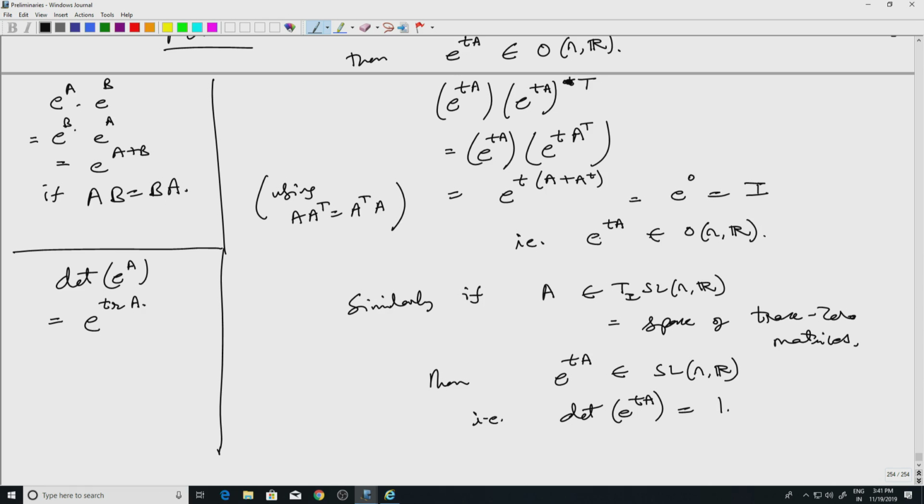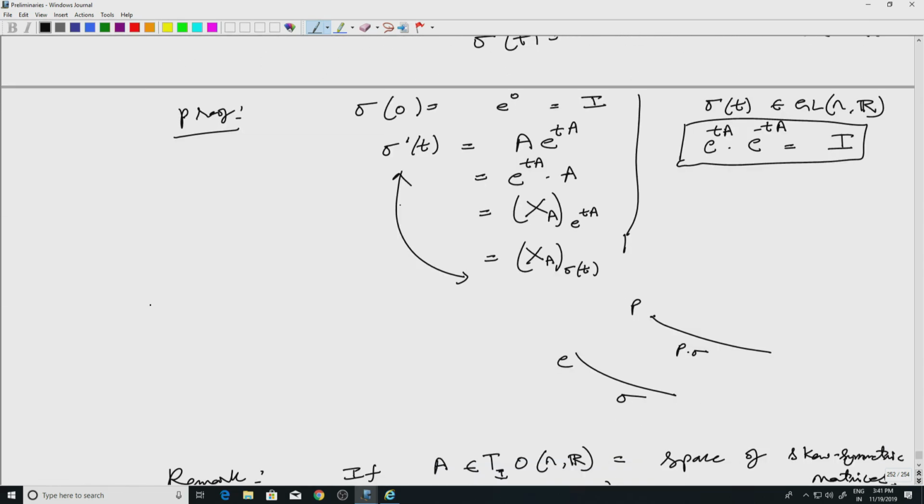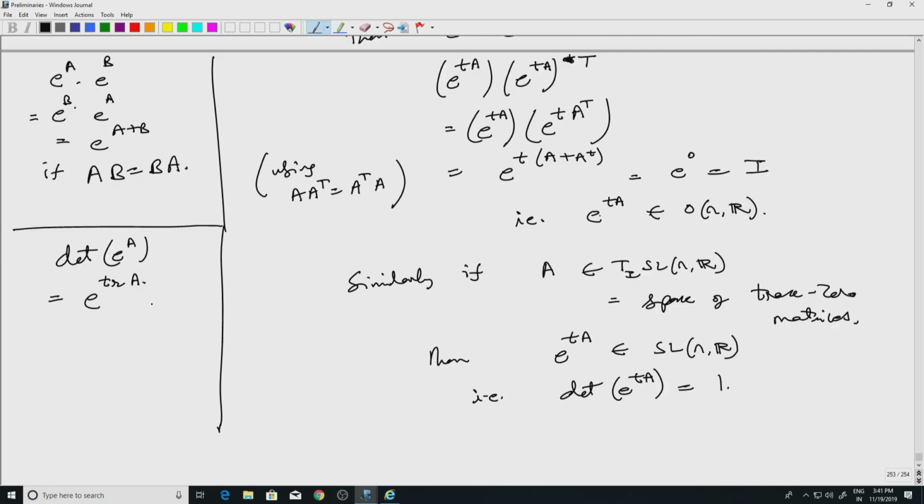As I said, both of these statements that e to the power tA belongs to ONR and to SLnR follow from the more general fact that since the left invariant vector field on the big group GLnR is tangent to the subgroup at points of the subgroup, integral curves will have to lie in the subgroup. One can prove that as a separate fact and then proceed.